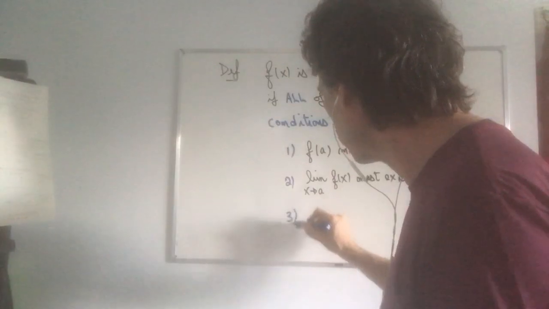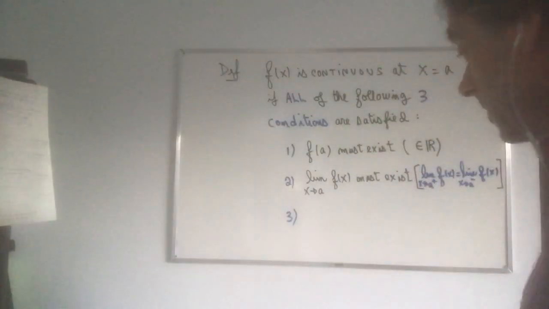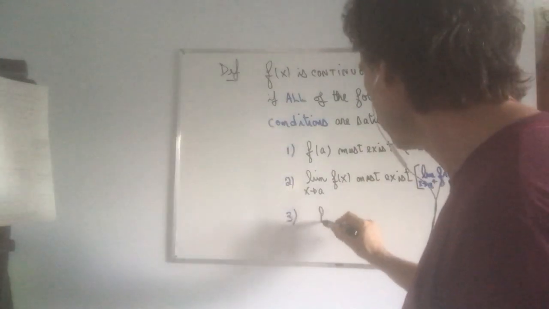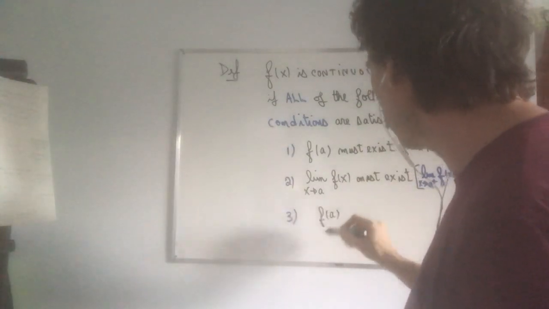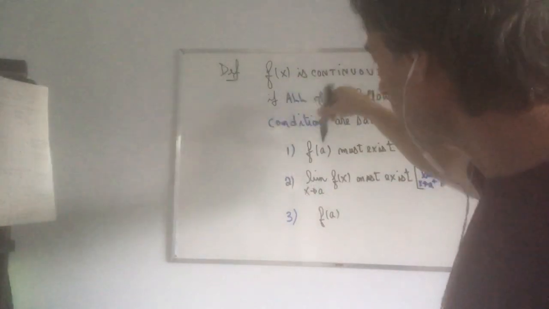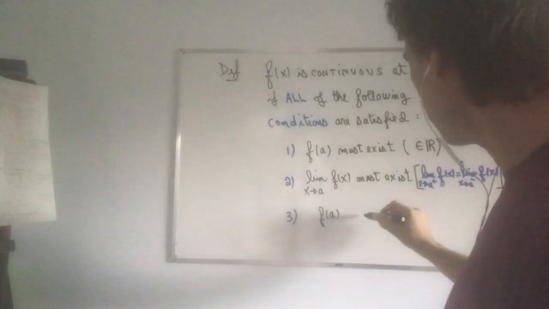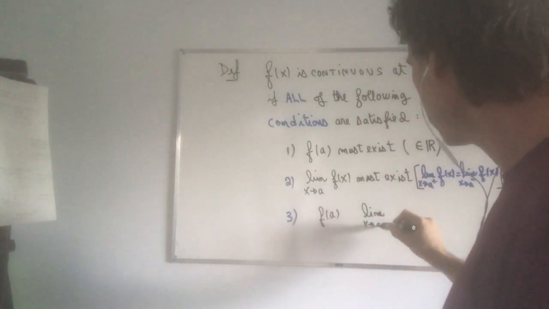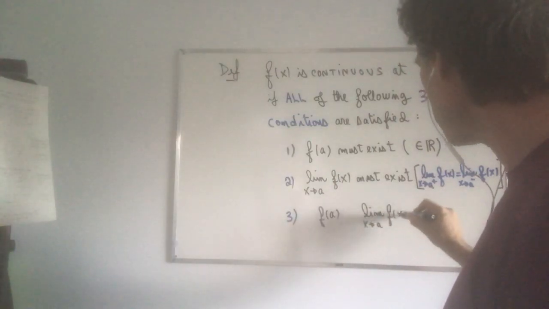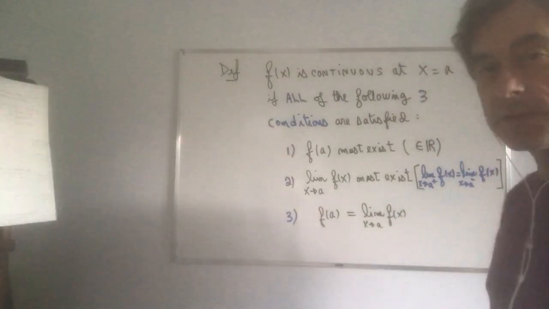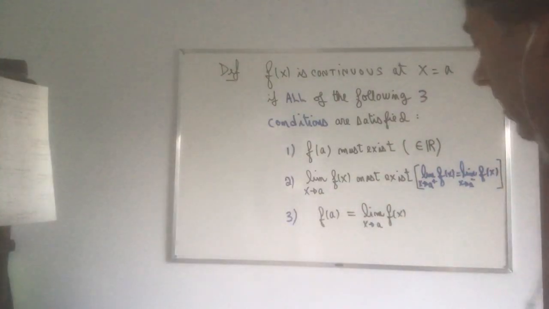Finally, the third condition is quite simple. The outcome of condition 1, which is f of a, and the outcome of condition 2, which is the limit, those two must be the same. f of a must equal the limit as x approaches a of f of x.